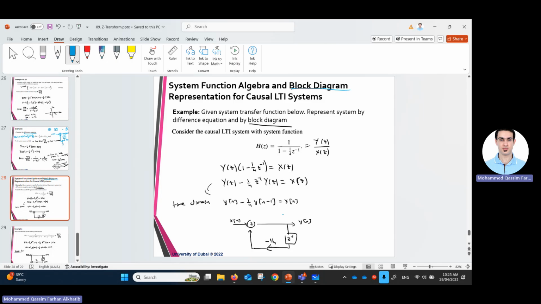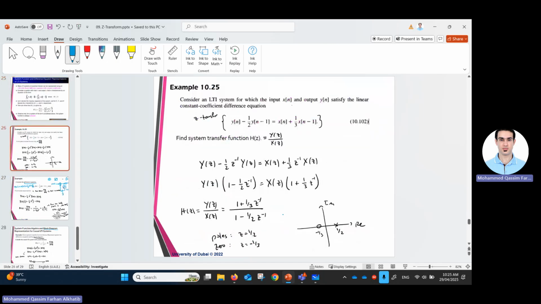Another question, we'll probably try this one here as a block diagram. So take this one there. So I have y of n equals x of n plus 1 over 3 x of n minus 1 plus 1 over 2 y of n minus 1.